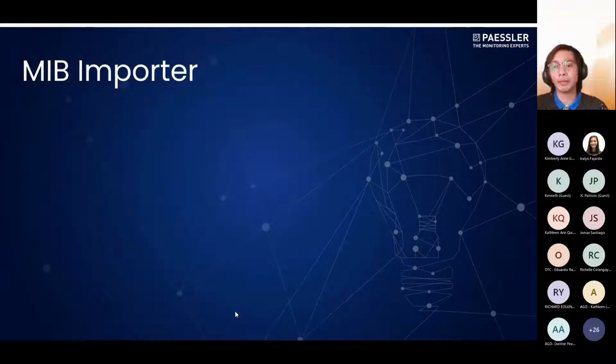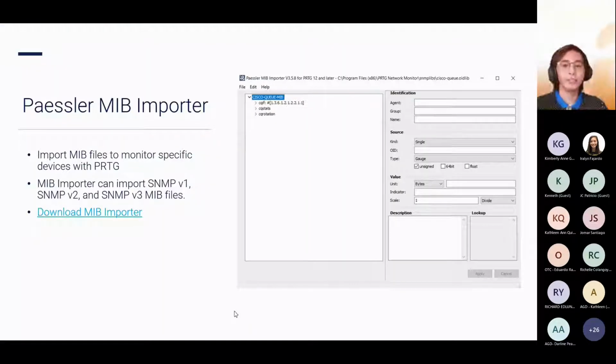With this tool in PRTG, we call it the MIB Importer. This is a free tool provided by PRTG that you can download on their website. By getting the MIB file from the manufacturer of your device, or you can also check on the internet for the MIB file of your device if it's provided there, you can get the file and import it using the MIB Importer.